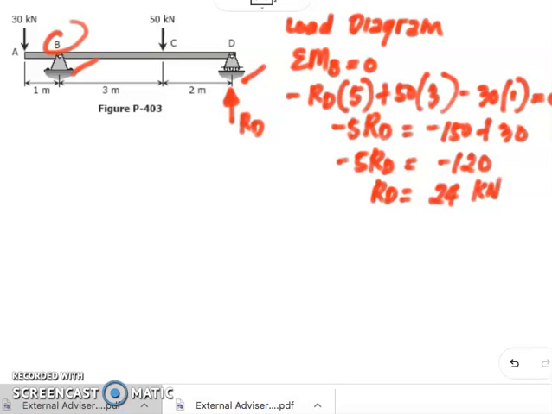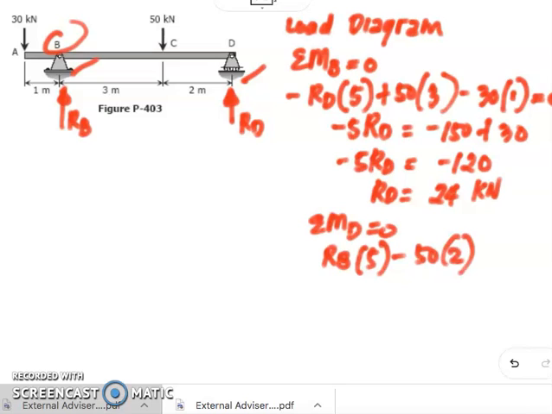Then we compute the reaction at point B, R sub B. Summation of moments at point D equals 0. So we have R sub B times the moment arm distance of 5 in a clockwise direction, then negative 50 times 2, then 30 in a counterclockwise direction, negative 30 times 6, equal to 0.